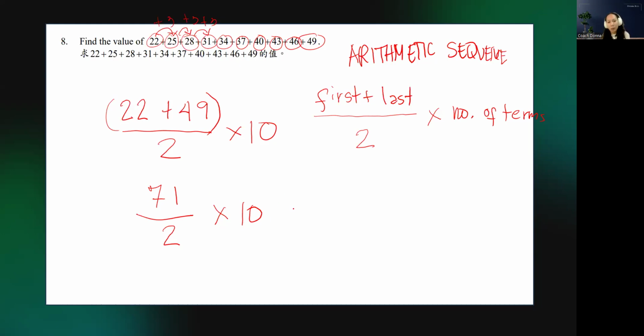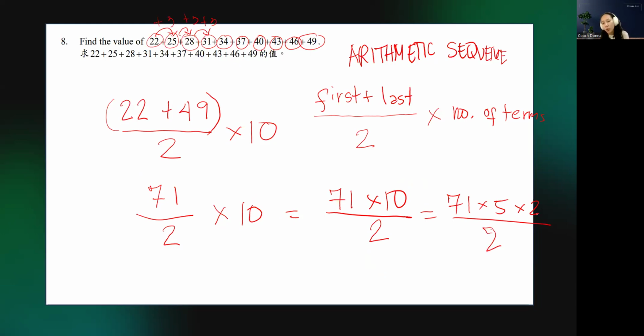So 71 times 10 first, or we could have 10 divided by 2. Okay, we can express it like this. 71 times 10 divided by 2. Then you can actually divide 10 by 2. 10 can be expressed as 5 times 2, right? 5 times 2 is 10.